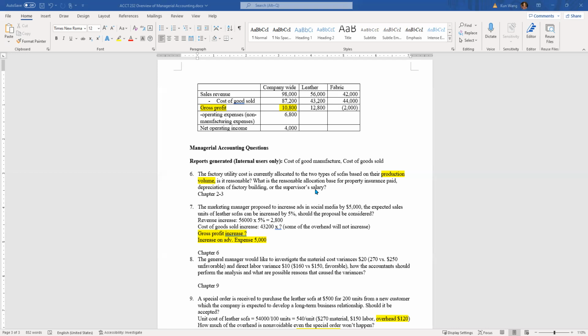If you have a highly automated production, most of the overhead is related to the machineries and equipment, so it is machine-hour related. In chapter 2 and chapter 3, we'll introduce more cost drivers or cost allocation bases for overhead.